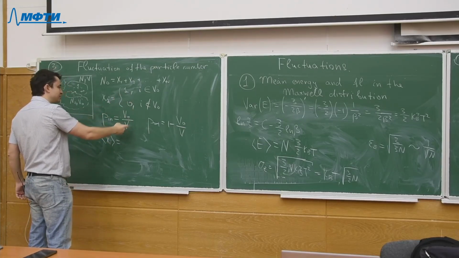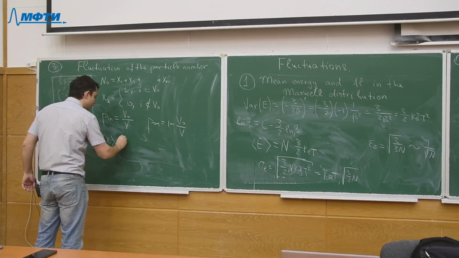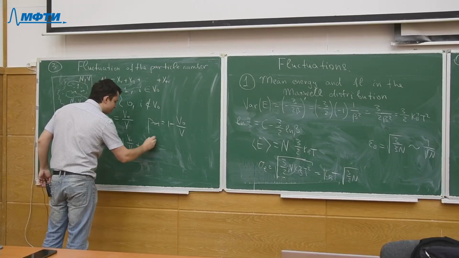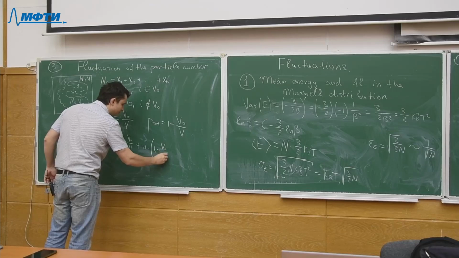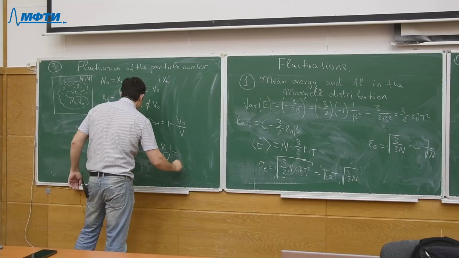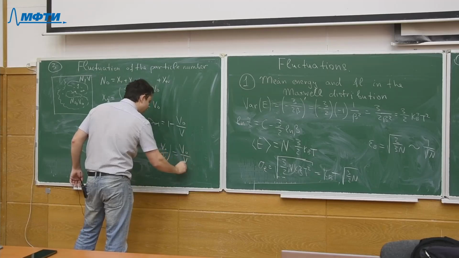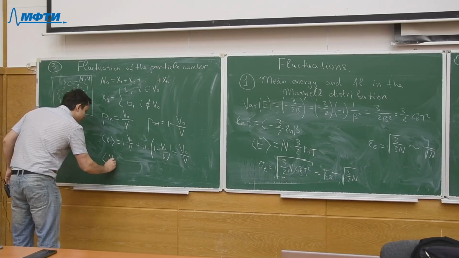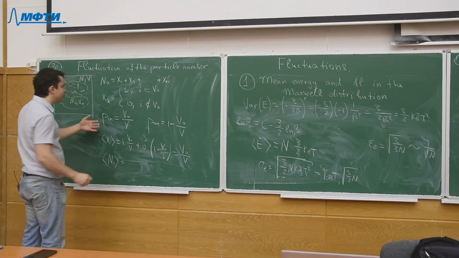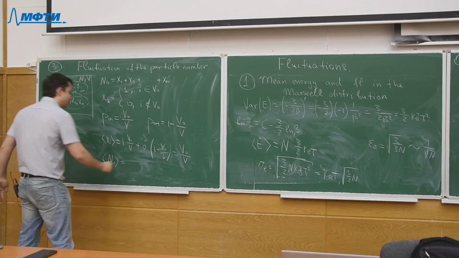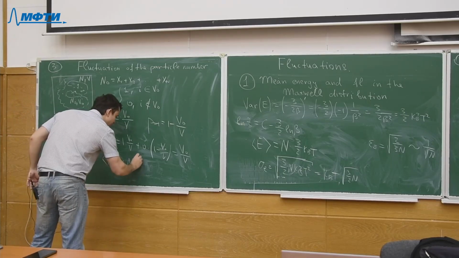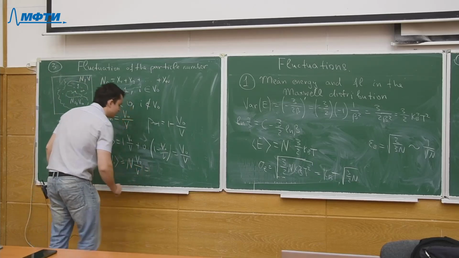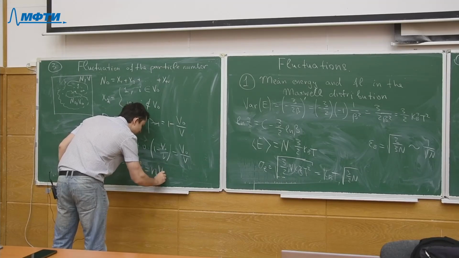So if I calculate the mean value of xi, that would be 1 multiplied by the probability for the molecule to be inside the selected volume, which is 1 times V0 over V, plus 0 times 1 minus V0 over V, which gives V0 over V. Now I need to calculate the average number of molecules in the selected volume, so I multiply this by capital N. That gives the well-expected result N V0 over V, which is the product of the number density of molecules by V0.